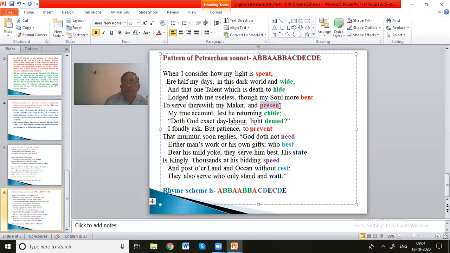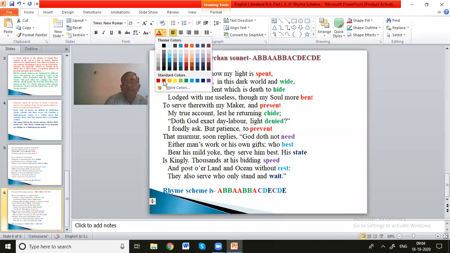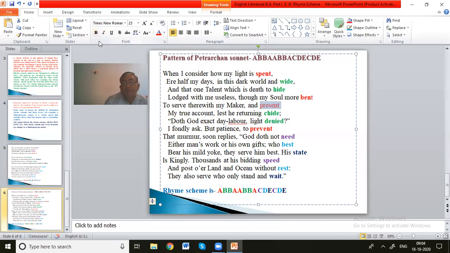To serve therewith my Maker, and present. So present, bent, spent: I have used the letter A. Similarly, my true account, lest he returning chide. Chide, hide, wide match, so the letter is B. Doth God exact day-labour, light denied?